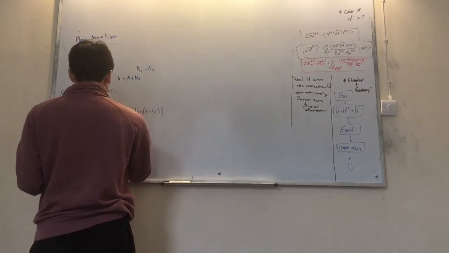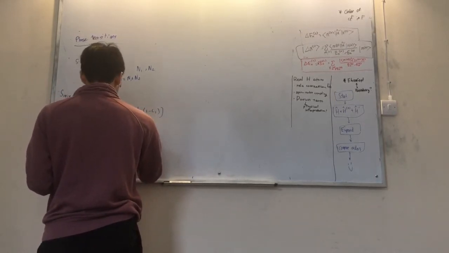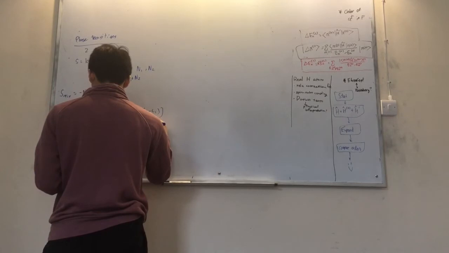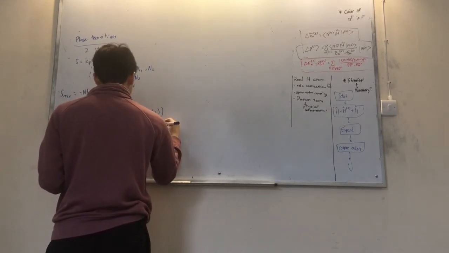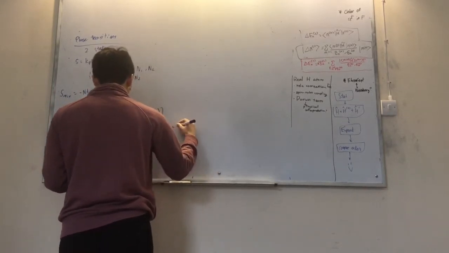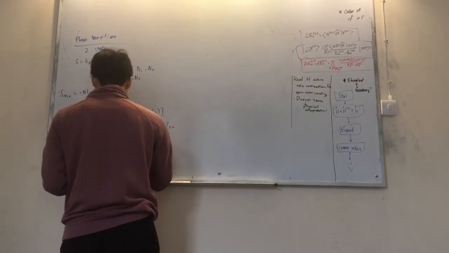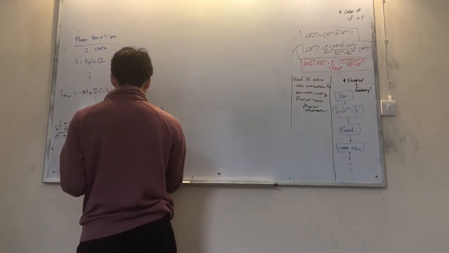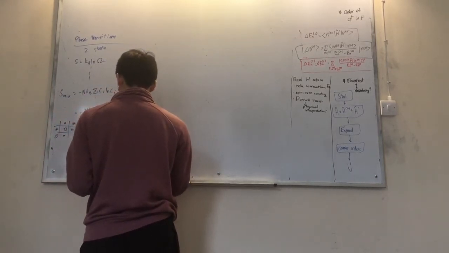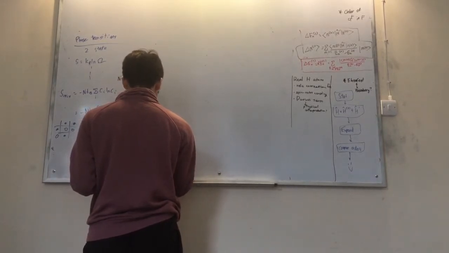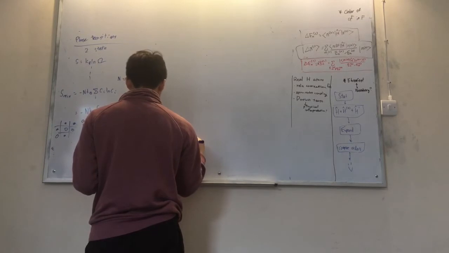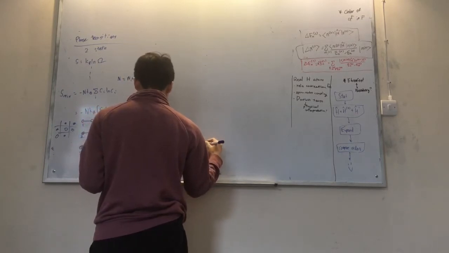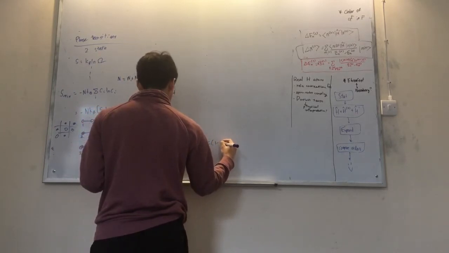Then the interaction energy is of this form: U11 plus U12 plus U22 equals n times, the interaction energy, epsilon 1 1 c squared plus epsilon 2 2 (1 minus c) squared plus 2 epsilon 1 2 c (1 minus c).